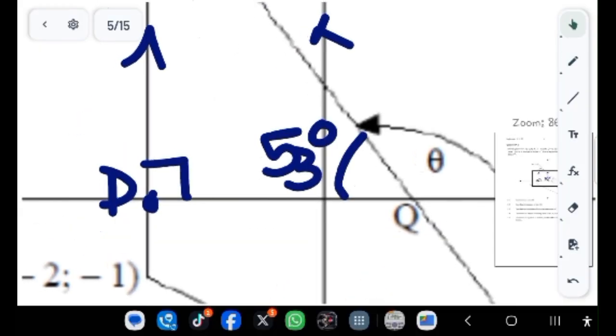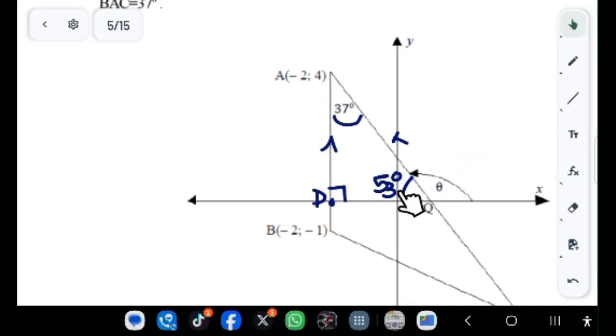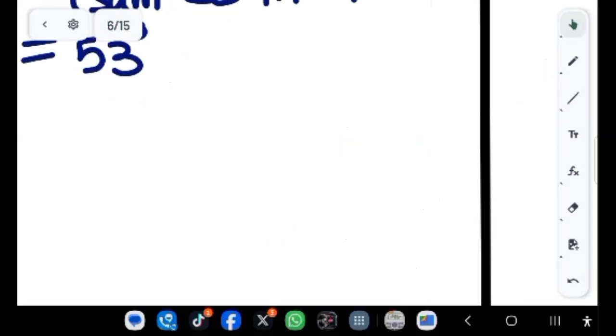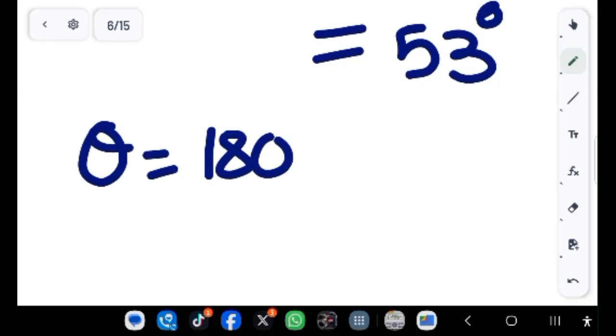Now let's find theta. Theta lies on the same straight line as this angle, 53 degrees, therefore the sum of the two will be 180 degrees. Theta will be equal to 180 degrees minus 53 degrees.